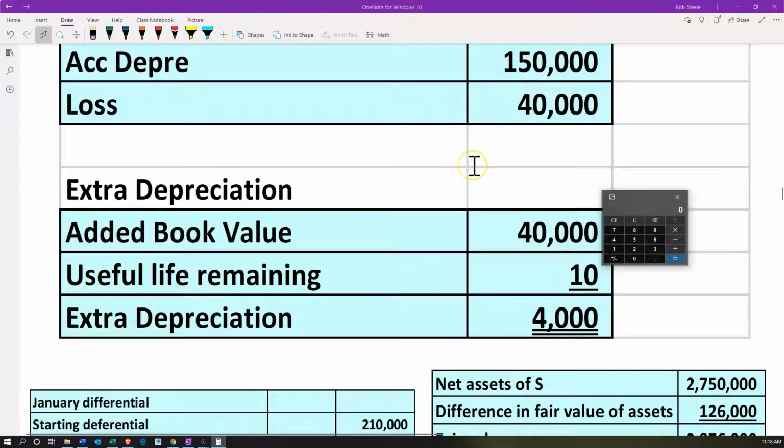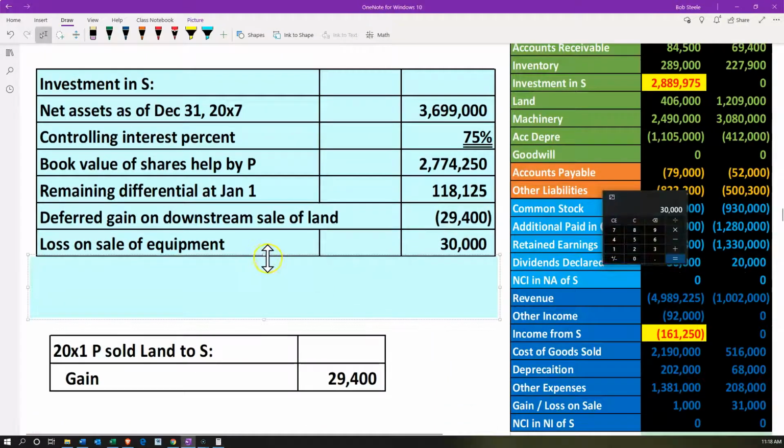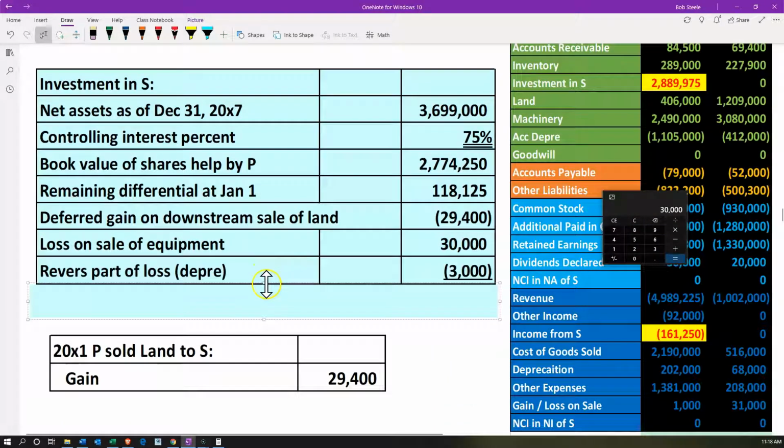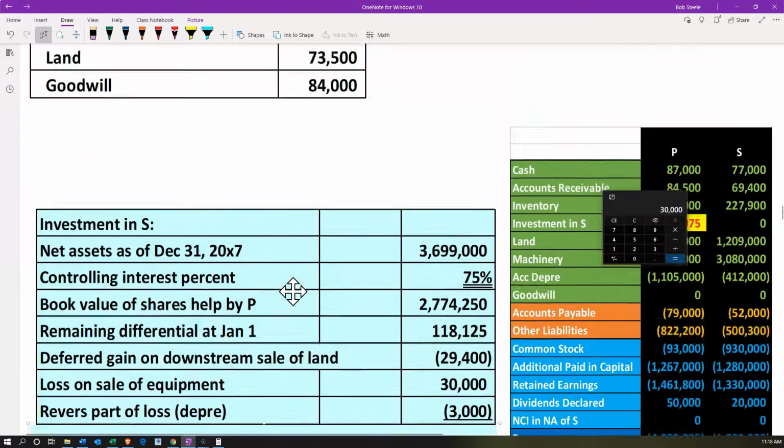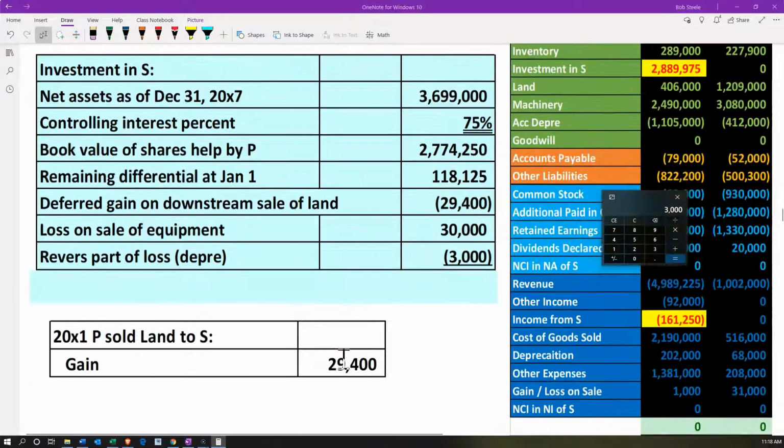So we've got 40,000 times 0.75, which is going to be the 30,000. So that's the 30,000 there. And then we have the reverse part of the loss for the depreciation. So same thing. Up top, we got this loss, the extra depreciation in essence we have to deal with. Once again, we're going to take the 75%. And that's going to be the 3,000.